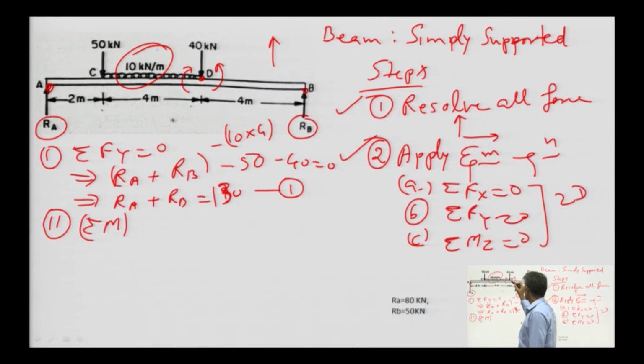So, algebraic sum of the moment at this point, for left and for right, you will add these two, then it will be 0. Any point you can take, you can also apply the bending moment at point C, but for simplicity it is advisable to choose either left or right corner. So, sigma M about A is equal to 0.